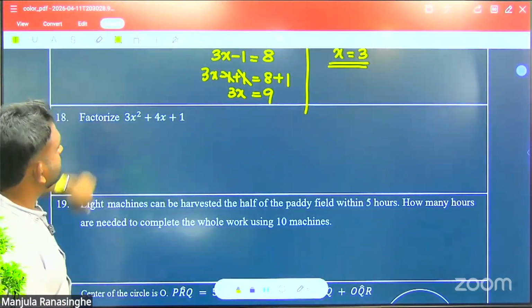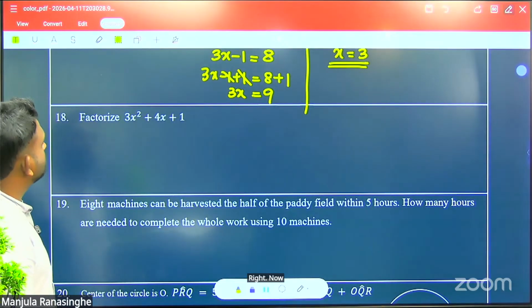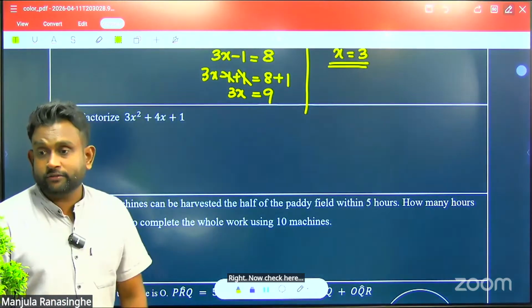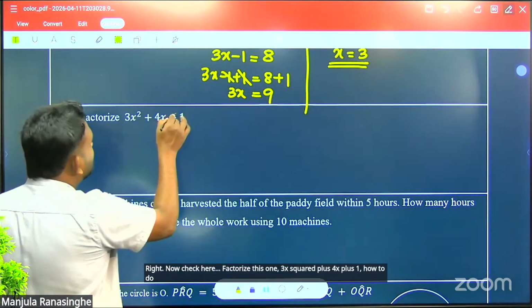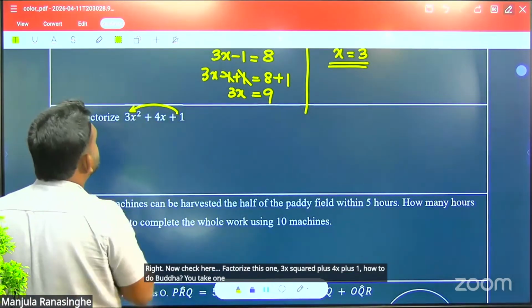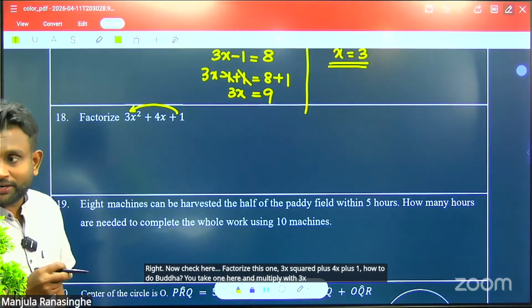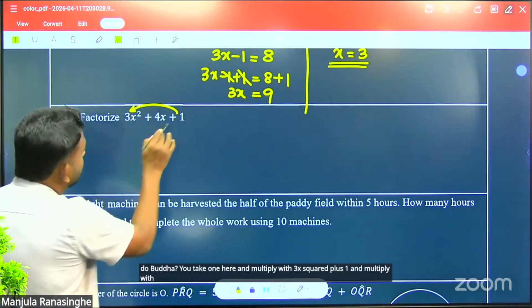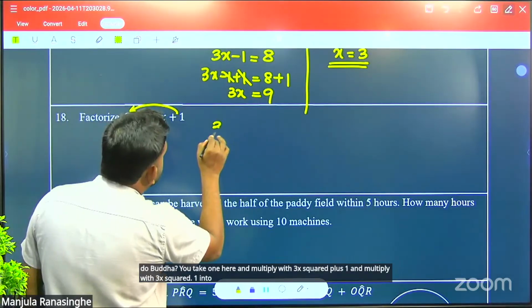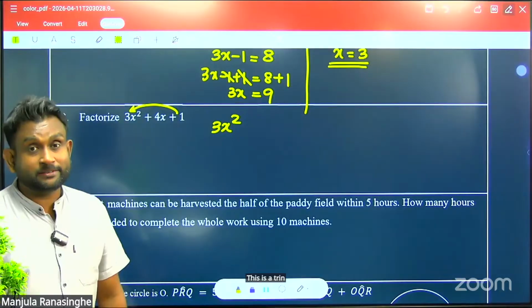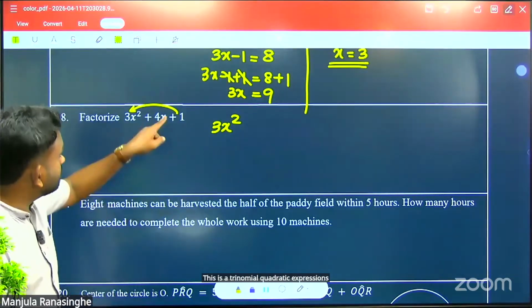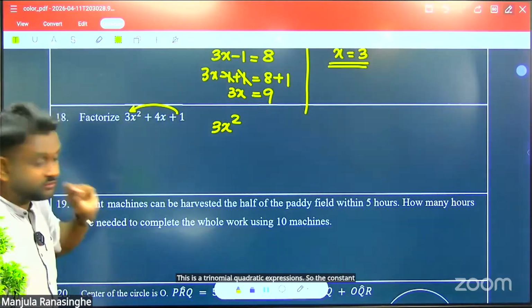Right. Now check here. Factorize this one, 3x squared plus 4x plus 1. How to do it? You take the constant 1 and multiply it with 3x squared. 1 into 3x squared comes as 3x squared. Why? This is a trinomial quadratic expression, so the constant term is multiplied with the 3x squared.